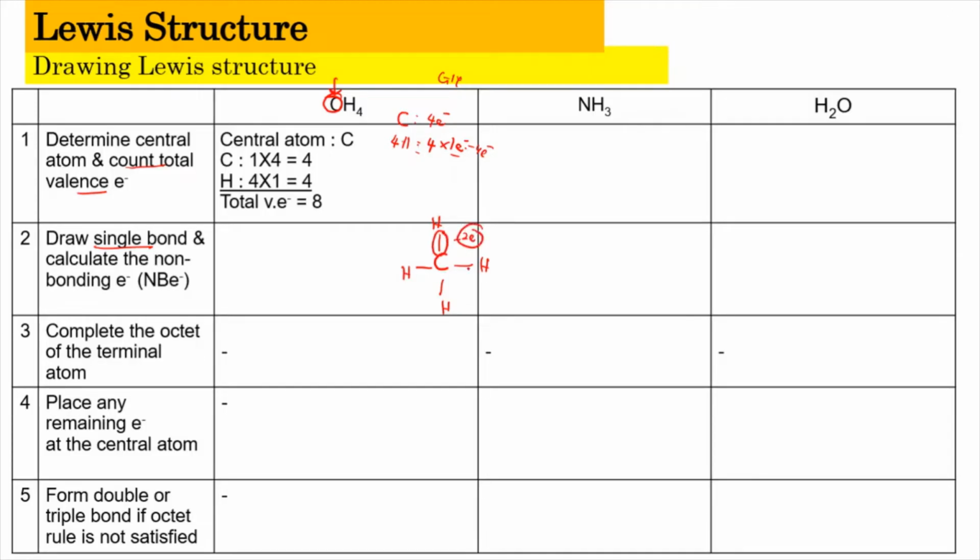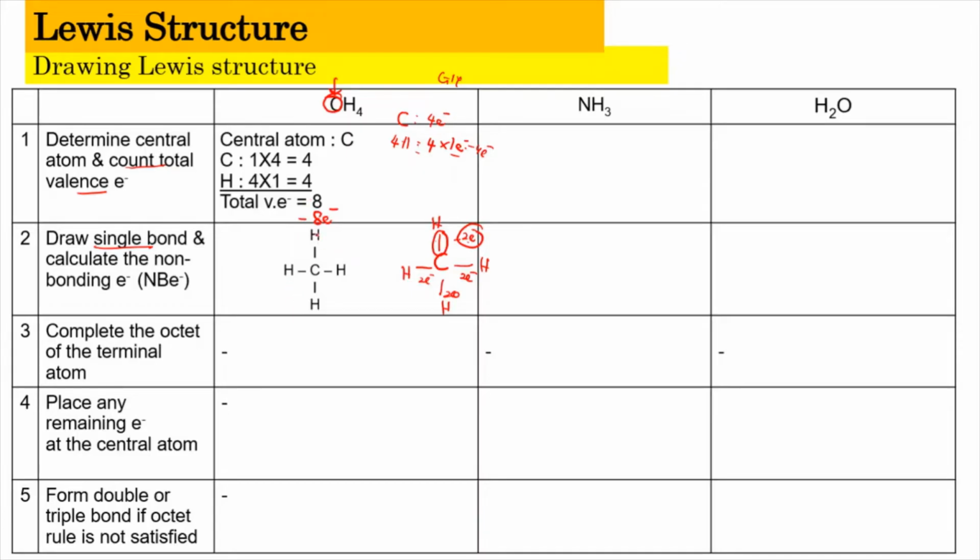So 2 electrons, 2 electrons, 2 electrons, and 2 electrons here. The total number of electrons that we have used up to make the bonding is going to be 8, so we subtract 8. Hence we have 0 electrons left. When we draw the molecule, we get CH4 to be something like this, where all the electrons have been used in order to make the bonds.